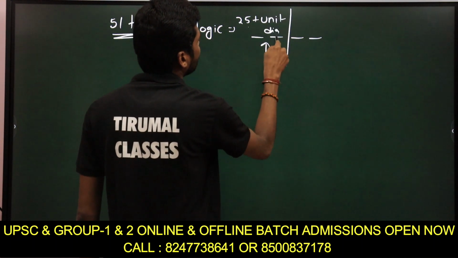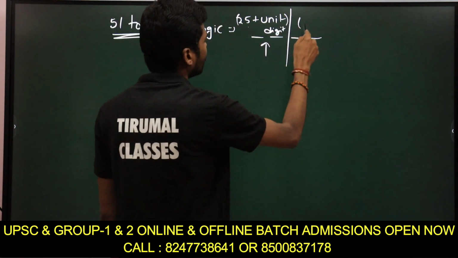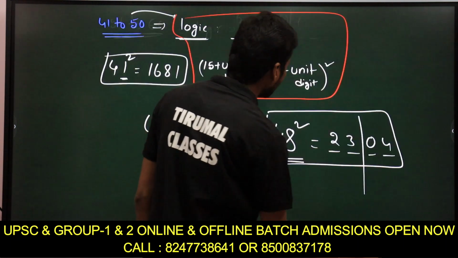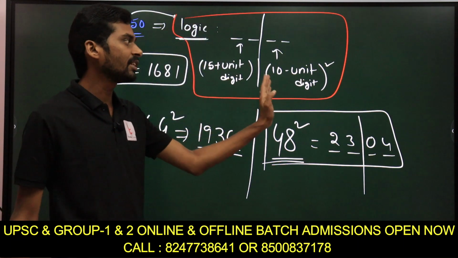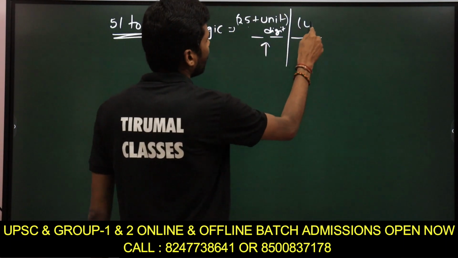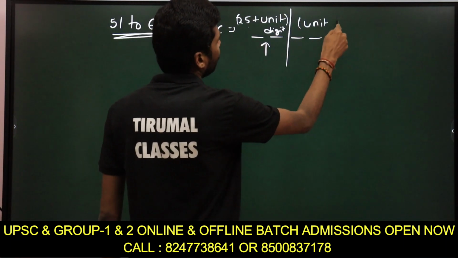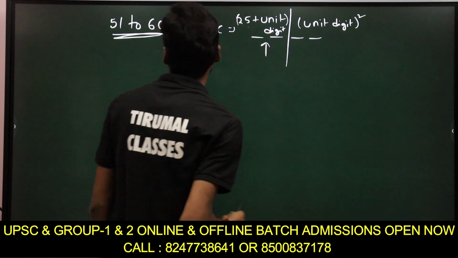And the next 2 digits, here we don't require 10 minus unit digit whole square. Here we directly square the unit digit.